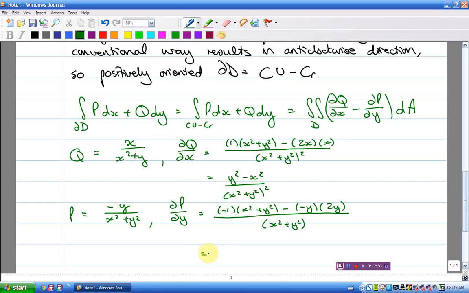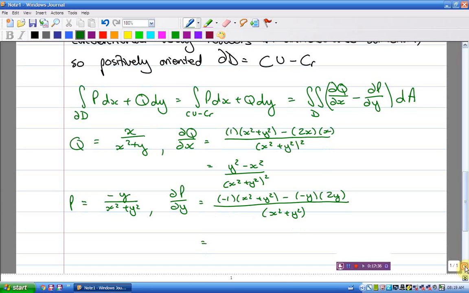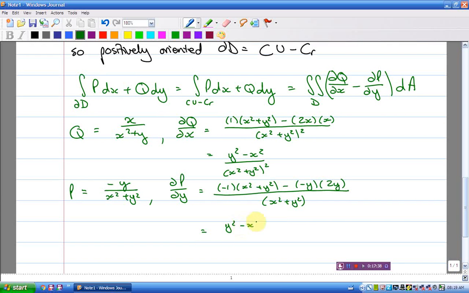So I'm going to have minus x squared minus y squared plus 2y squared, so I'm going to have y squared minus x squared. The two derivatives are actually the same. So when I subtract them, I'm going to get 0.